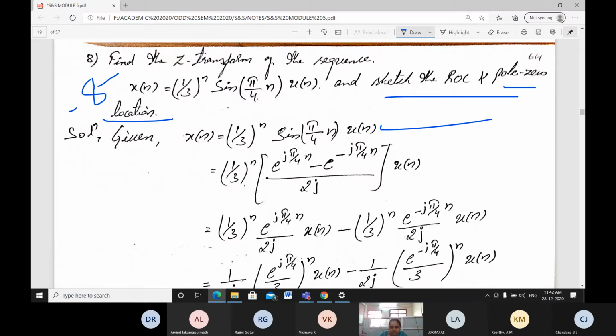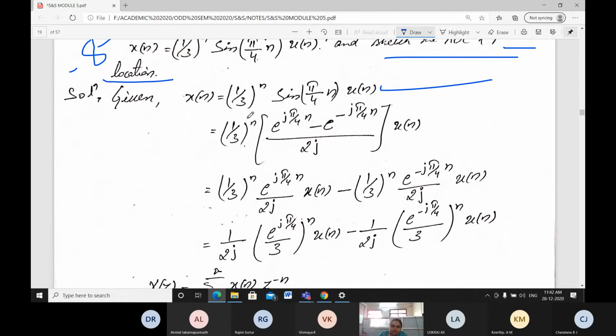And then what is the sine function? Sine in terms of exponential terms: instead of sine pi by 4 n, I can write e raised to j pi by 4 n minus e raised to minus j pi by 4 n divided by 2j into u of n.